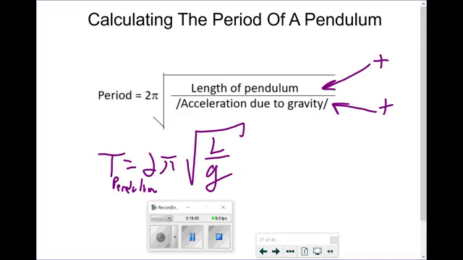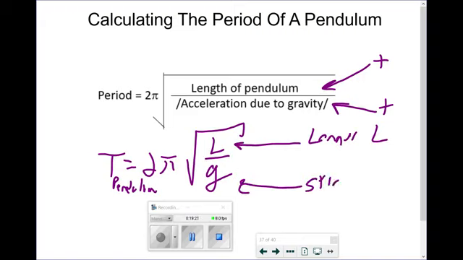Please notice also that this equation is illustrating what we've discussed already about the factors that affect the pendulum's period. For example, longer L's, longer lengths, will mean that I have a greater period. Stronger gravities mean I'm going to swing faster and have a shorter period.